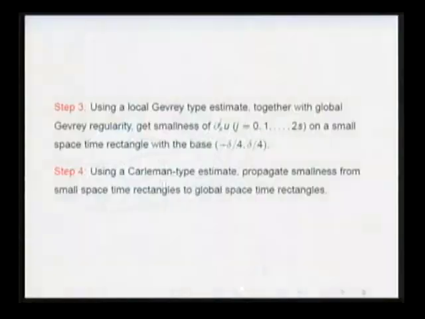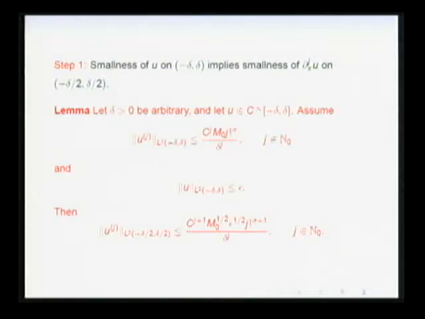That's step 4, which is known: how to go from open set to open set. So steps 1 to 3 help you go from fixed time to a neighborhood, and then you go with Carleman. I'll mention it just because maybe people are not familiar, so it's nice to see something on Carleman estimates. Step 1 is when smallness of the function implies smallness of the derivatives.